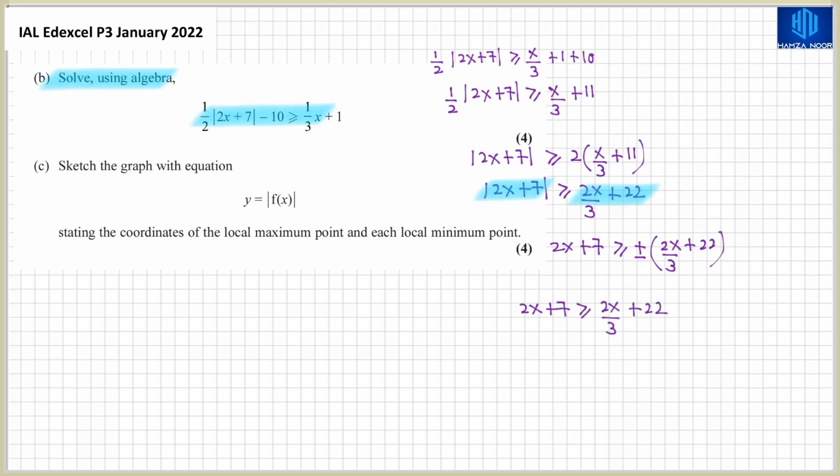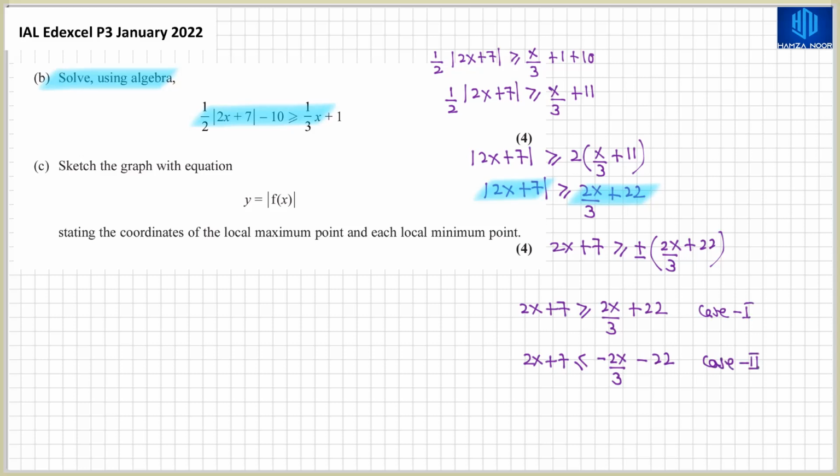The second case is 2x plus 7 is less than or equal to minus 2x over 3 minus 22. Since the minus sign is multiplied on the right hand side, the sign of the inequality changes. Here we have case 1 and case 2.